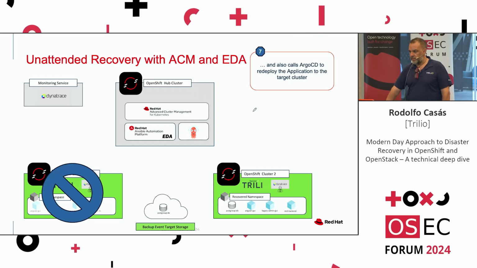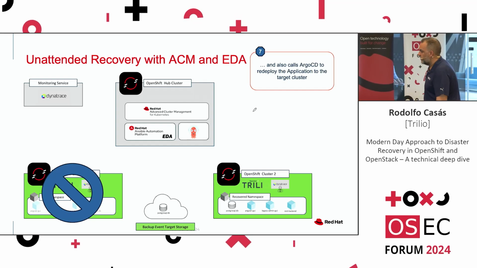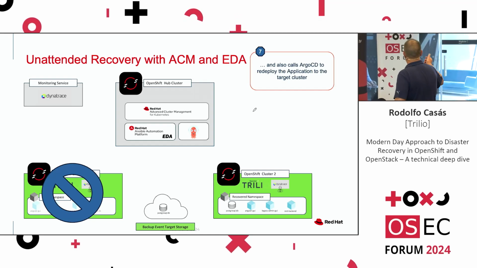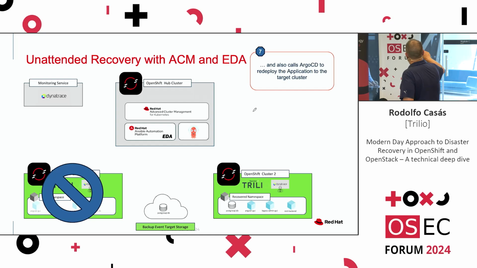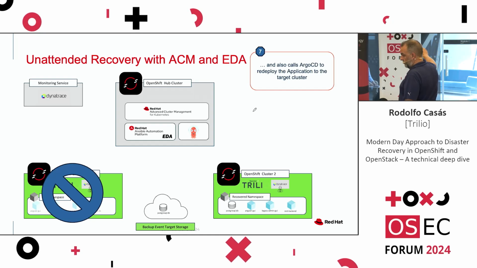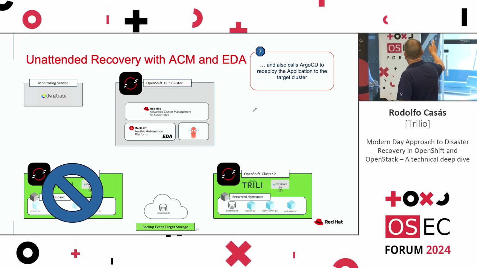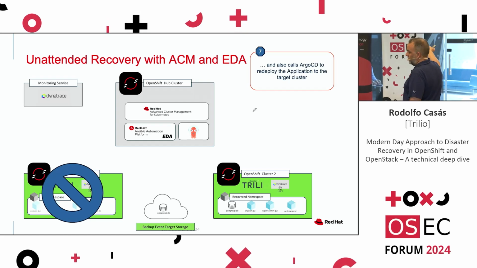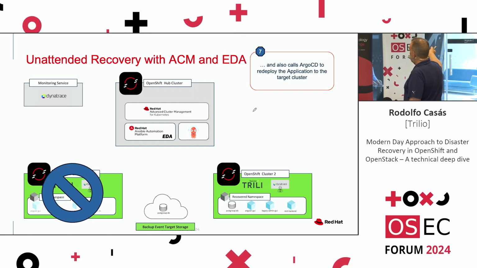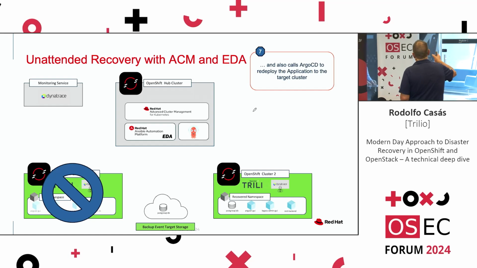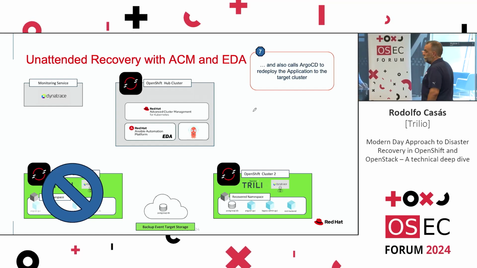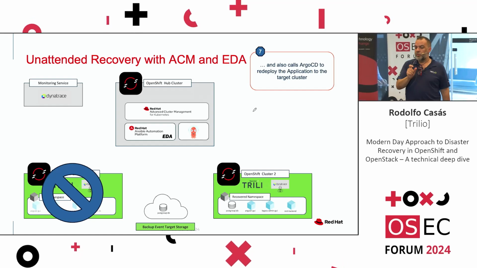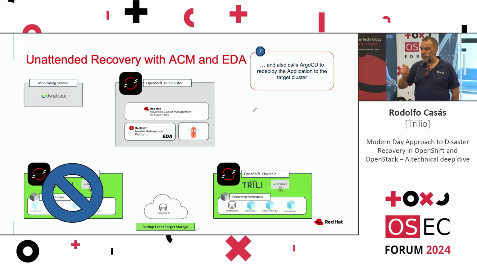And can I ask about the time for recovering this second cluster? Yes, so the second cluster will be active. Now, the data is already there because of continuous restore. Now, how long does it take to come up? It depends on your application, not Trilio. Okay. Right? So with continuous restore, what you save is the time to copy from the backup target to the cluster.